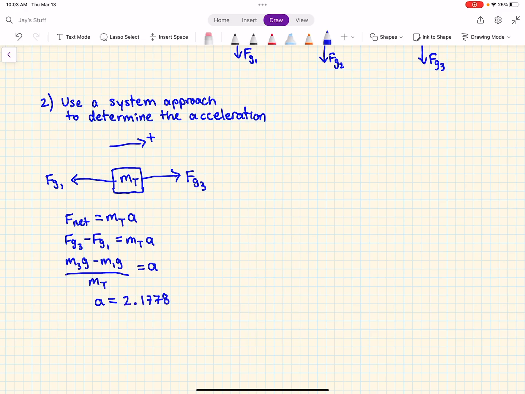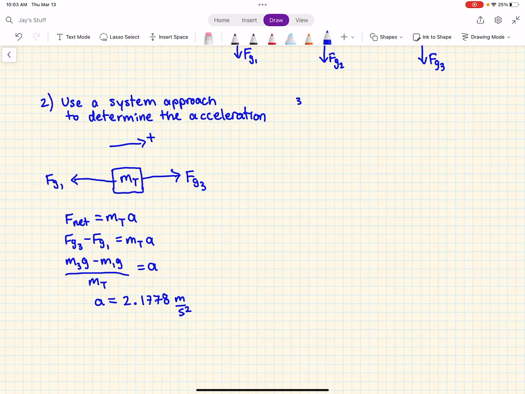So I'm keeping some extra digits because we're going to have to use this number again. We just want to round at the very end. So meters per second squared. So that's telling us that the entire system is accelerating in that sort of to the right direction at this rate.